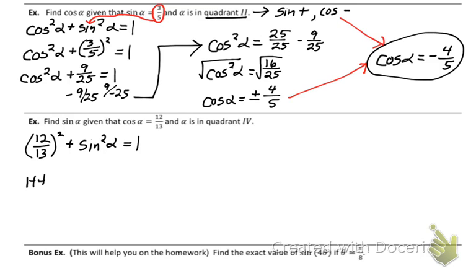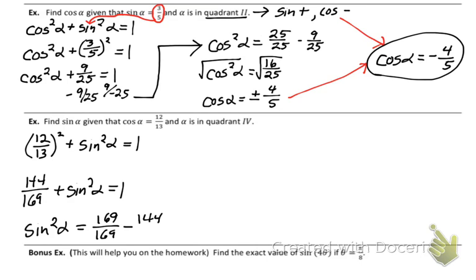It's 144 over 169 plus sine squared alpha equals 1, which is going to be sine squared alpha equals, I'm going to change the 1 to 169 over 169 minus 144 over 169. So sine squared alpha equals 25 over 169.